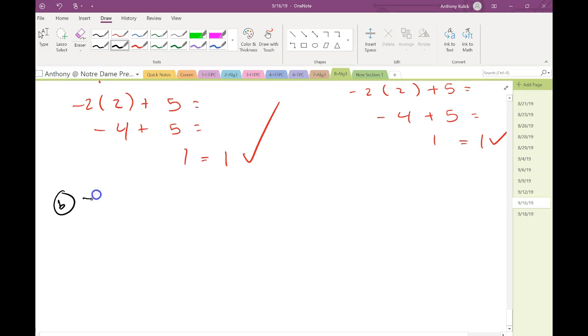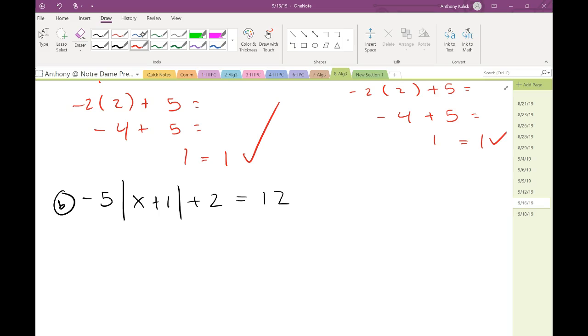So let's solve the equation negative 5 times the absolute value of x plus 1, plus 2 is equal to 12. What should I do first here? The first step is to isolate the absolute value. So what do I want to do first in order to isolate that absolute value?